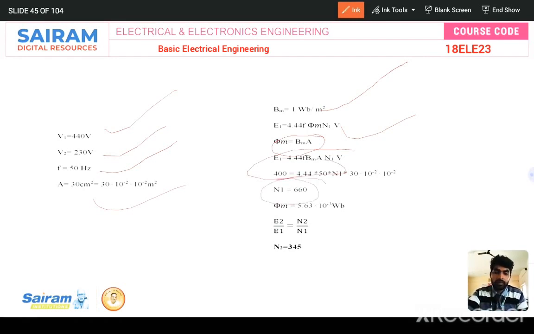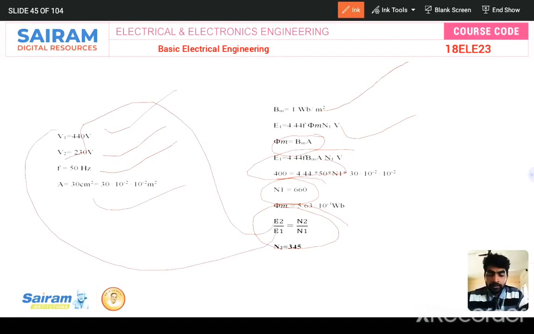If you want N2, you have to use this formula: V2 by V1 is equal to N2 by N1. Don't confuse over here. So here E2 is V2 and E1 is here. So N2 we got 345. It's a step down transformer. By seeing the value of N2, we can say this one is a step down transformer, because here voltage is also a lower value, 230, and V1 is more.